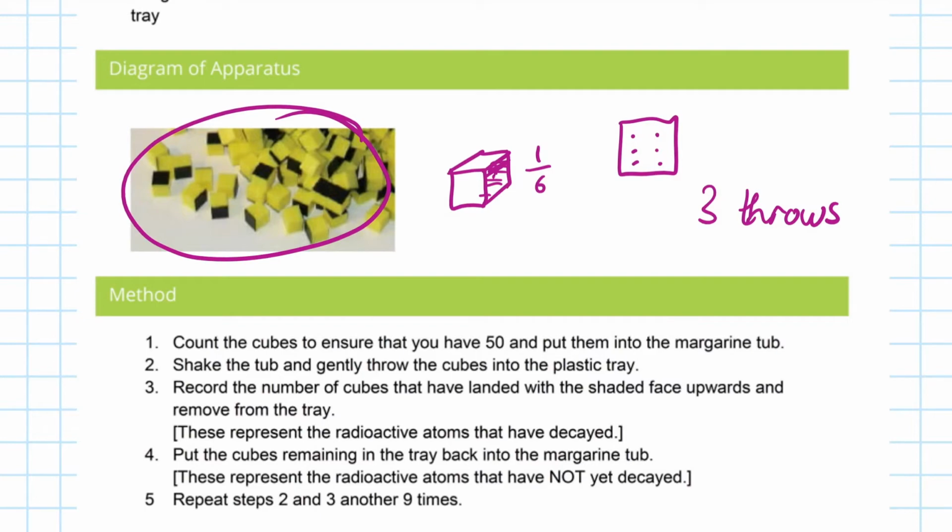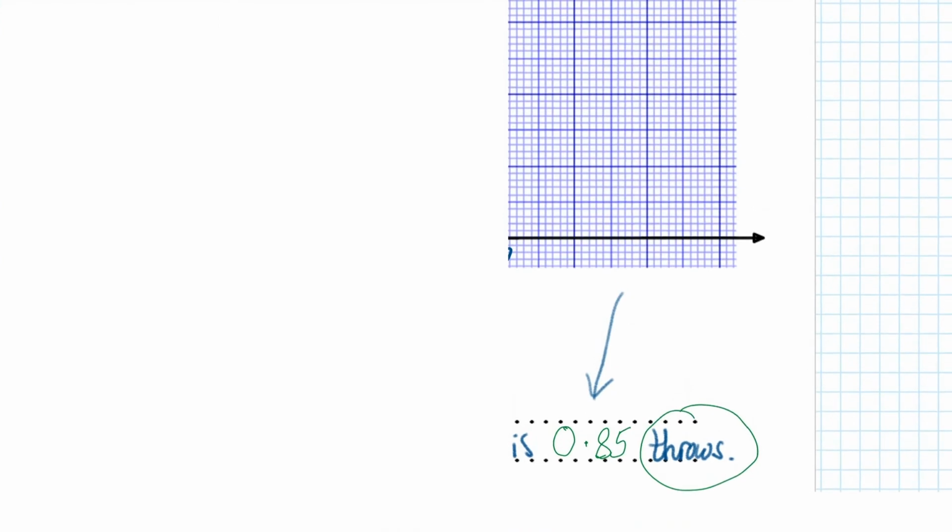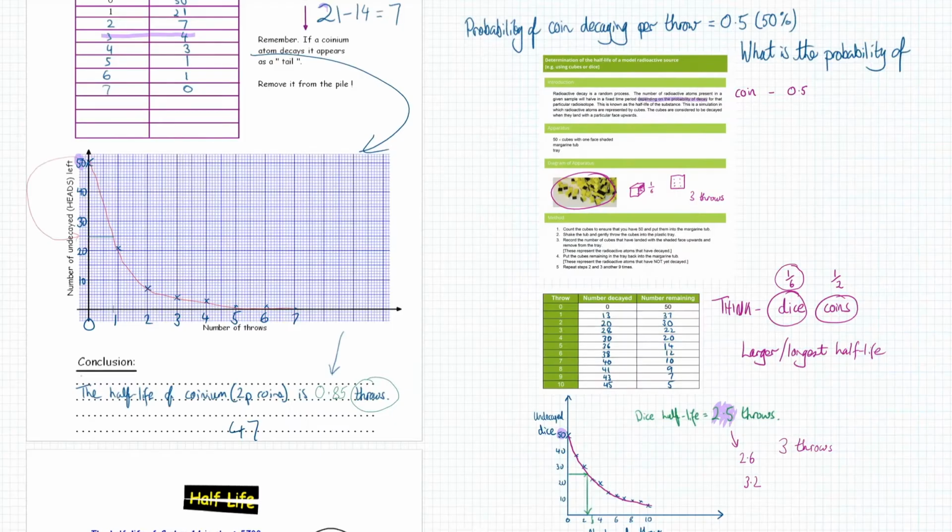If we think of our coin, well, there's a 50-50 chance, a 1 in 2 chance of landing on the decayed side, the tail. We found it is 0.85 throws.